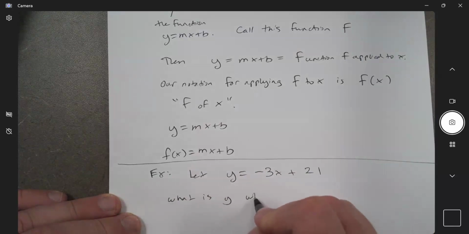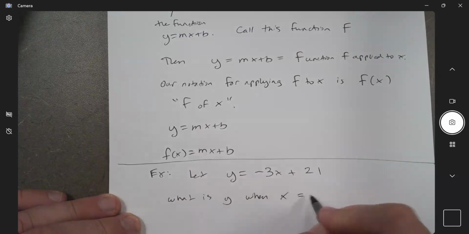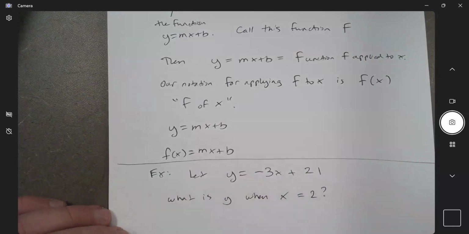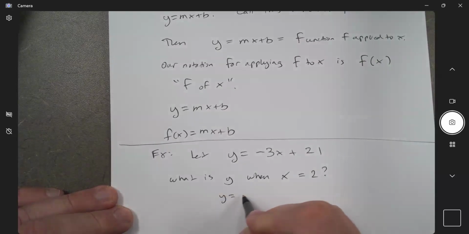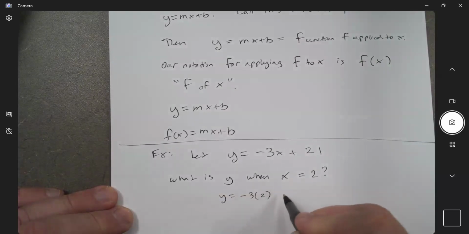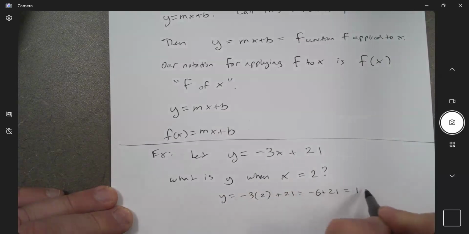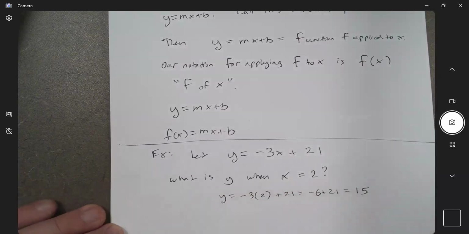What is y when x equals 2? Well, put x equals 2 in there, and we get y equals 15.